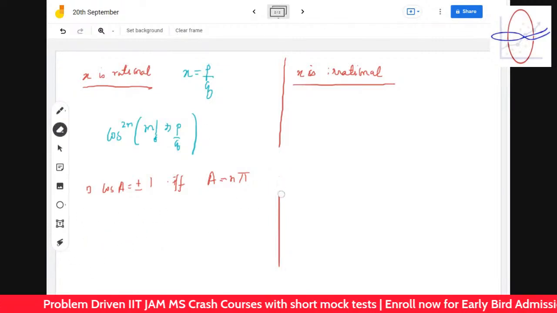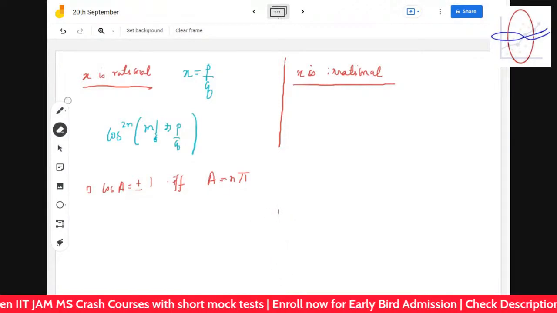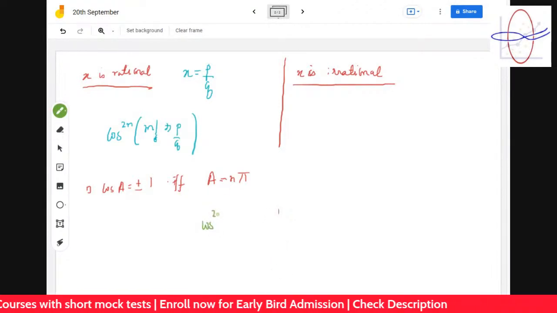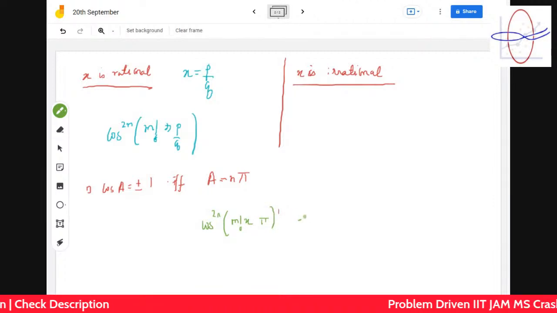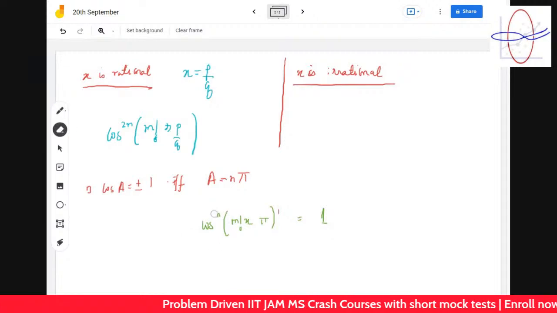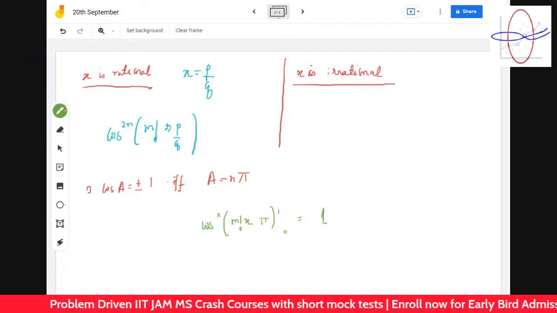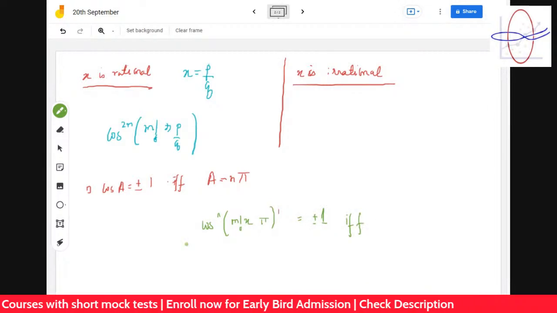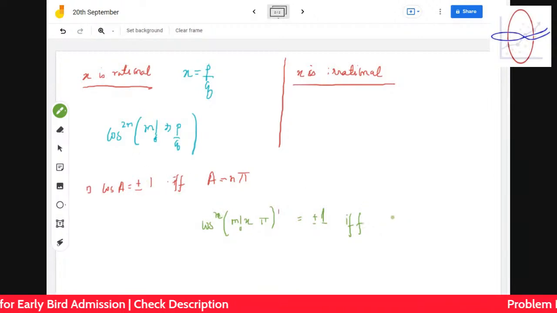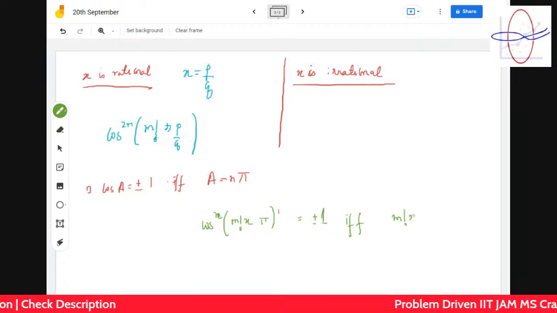Let's not assume anything over here. So cos to the power 2n of m factorial x pi is equal to 1, or rather if you just remove the 2, is equal to plus minus 1 if and only if what? The whole to the power n is there, so plus minus 1 whole to the power n will also be plus minus 1 if and only if m factorial into x is an integer n.